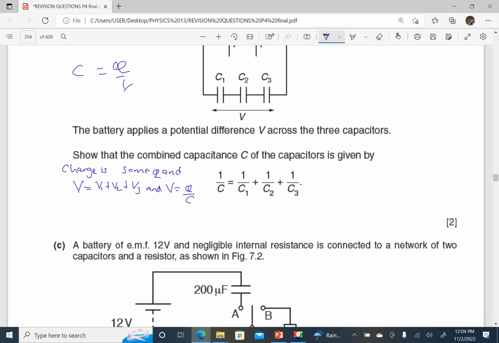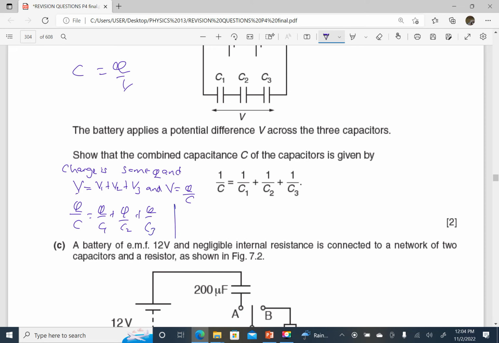So we now substitute. For V, we shall have Q over C. For V1, since Q is the same, we shall have Q over C1 plus Q over C2 plus Q over C3.